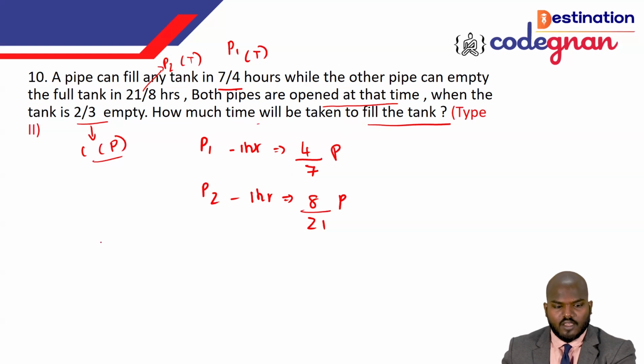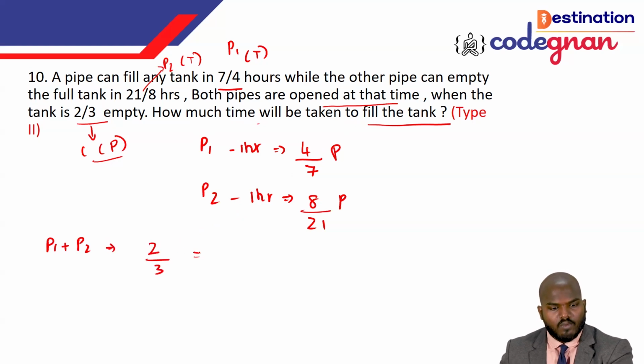So, guys, P1 plus P2 is equal to 2 by 3. That is what they have given. P1 I am going to call as 4 by 7 part. Instead of the part, I can call it T by 7 by 4, directly if you want.